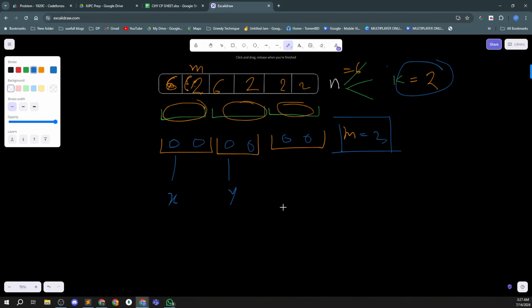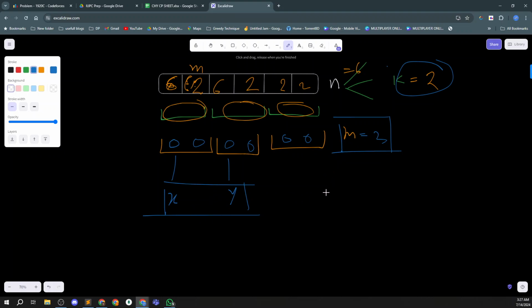If we take the difference between x and y, then to be the same after taking modulo m, the difference of these two numbers has to be divisible by m.